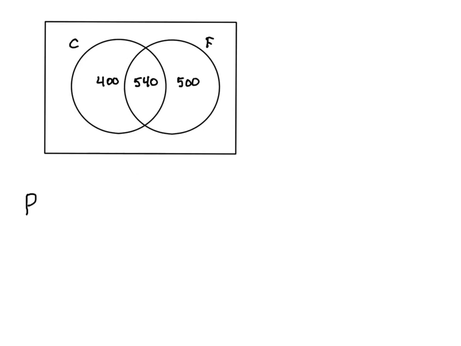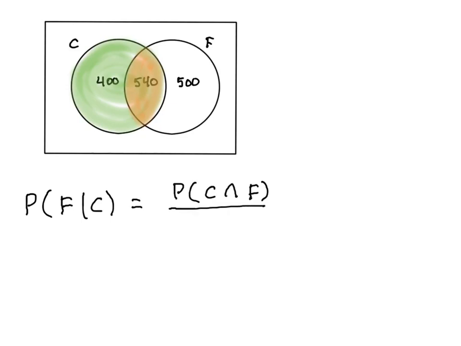Okay, so let's illustrate this with a Venn diagram and go back to our original question. What's the probability that when we select somebody they bought fruit, given the fact that they were a child? Let's look at the Venn diagram that shows children is 940, fruit buyers is 1,040. The intersection here is the number of people who bought fruit and are children.